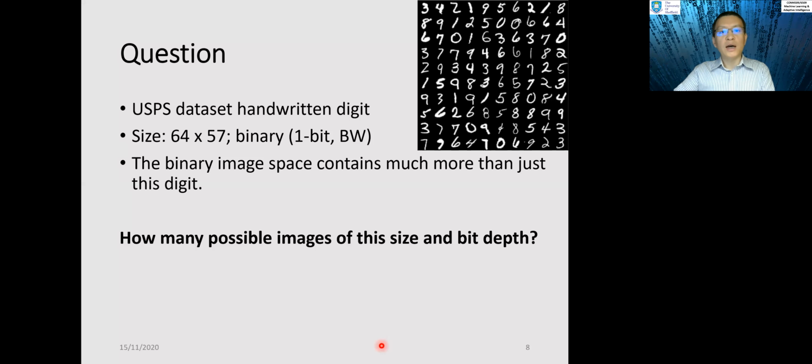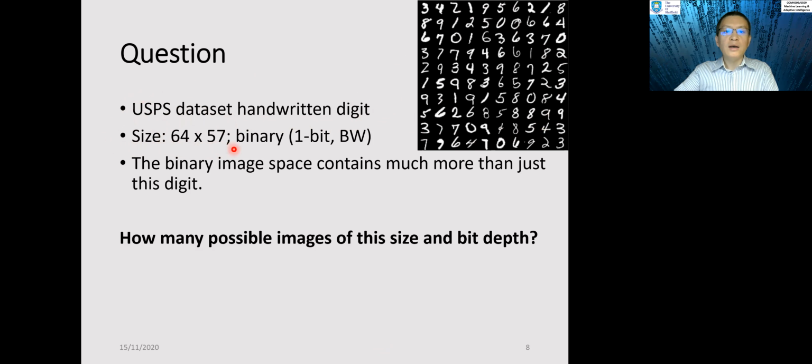So let us look at some handwritten digits from the USPS dataset, with some examples shown over here. The size of each digit image is 64 times 57.